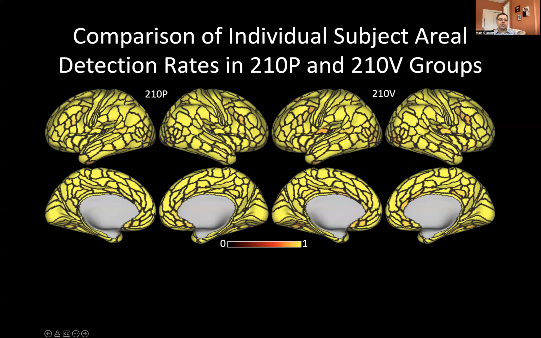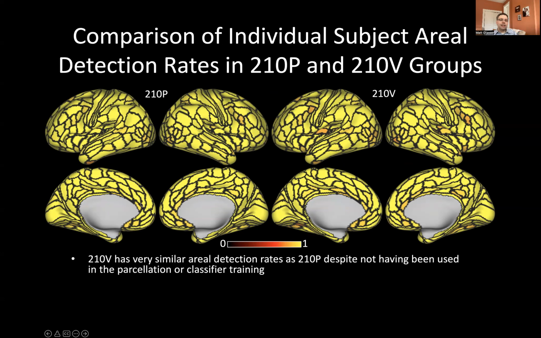So, a comparison of the detection rates across all of the areas. We trained on the 210P group of subjects, and so it's not surprising that there's a high areal detection rate, with pretty much everything being yellow. But what is good to see is the held out data, the 210V data, also performs similarly. 96.6% of all cortical areas in all subjects are identified in this data set.